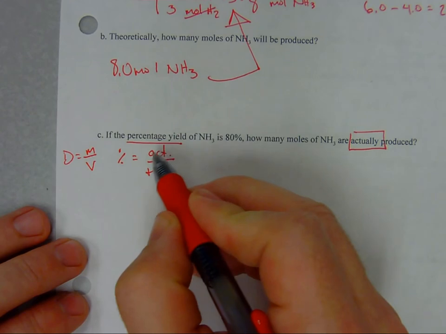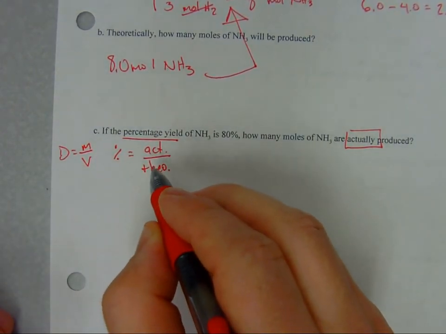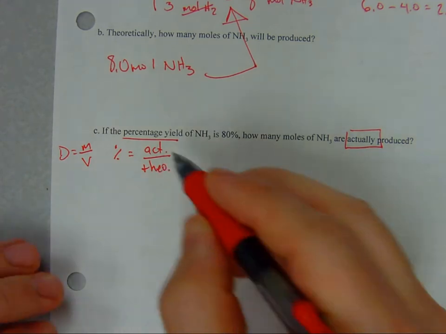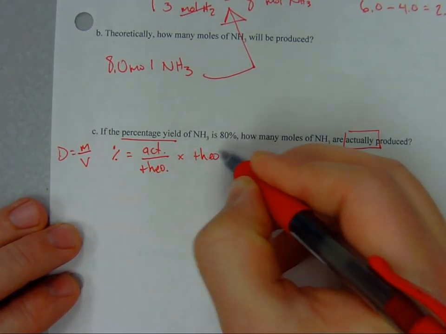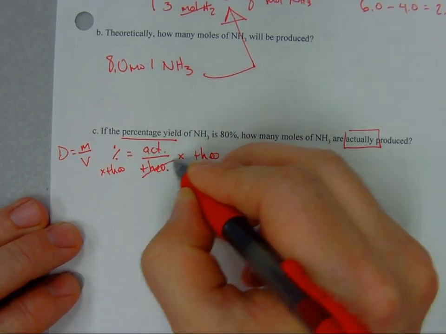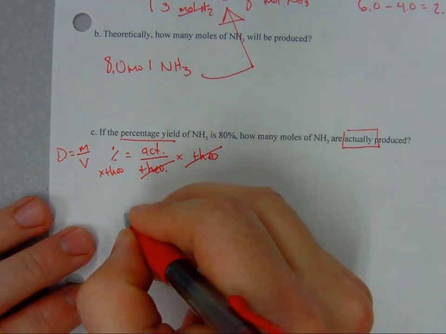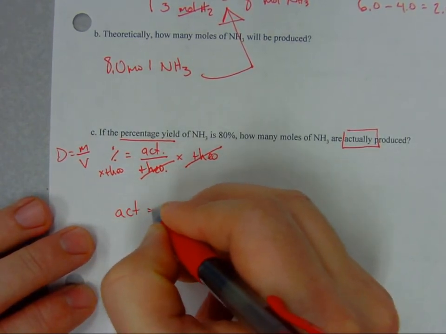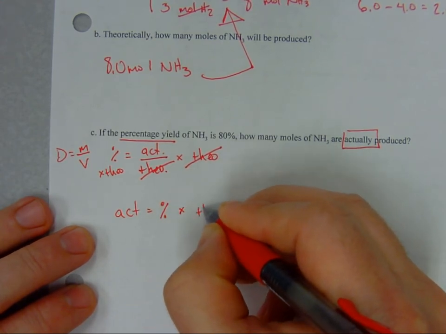Here, I'm being asked for this term, so I'm going to rearrange that equation to solve for actual. In order to do that, I'm going to multiply both sides by the theoretical. And what I'll end up with is actual equals percentage yield times the theoretical yield.